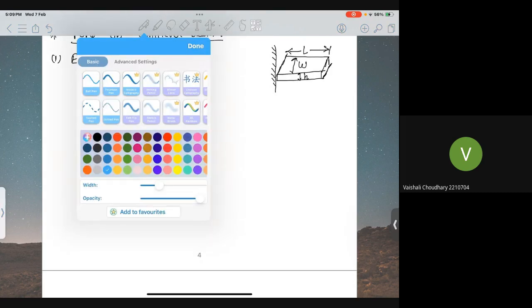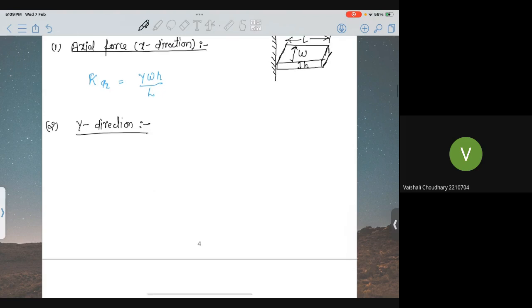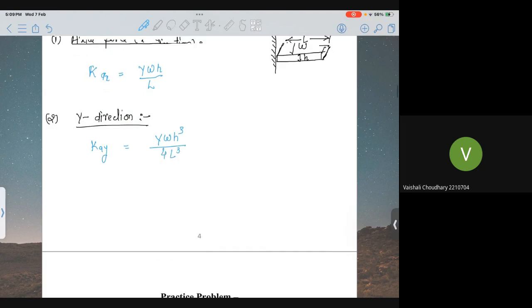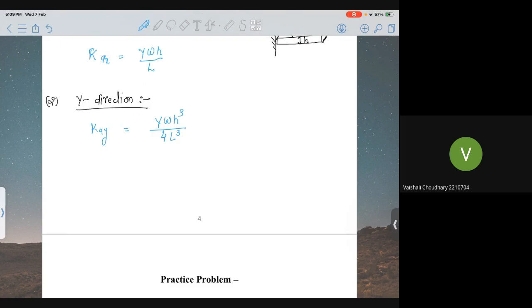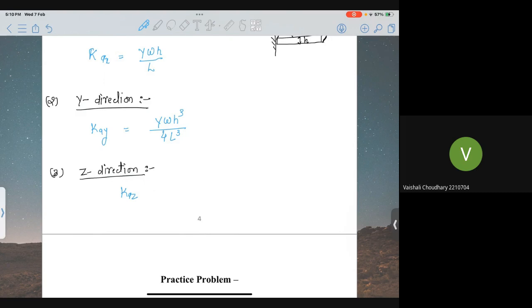Similarly, for Y direction, K in Y direction is Y W H cube by 4L cube, and in Z direction, spring constant in Z direction.